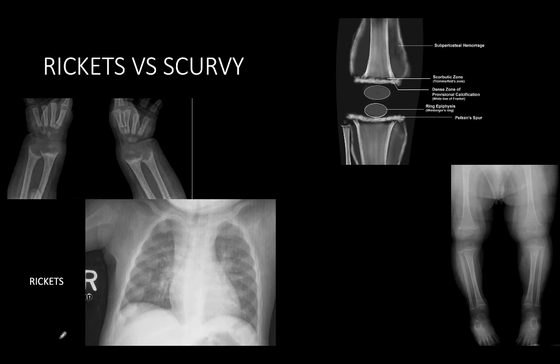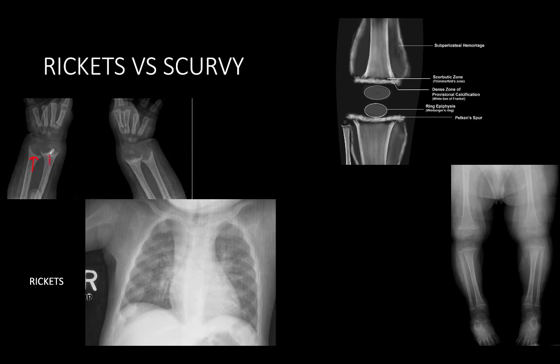And so patients with rickets end up with defective mineralization on the metaphyseal side of the growth plate. Think about the growth plate hypertrophying cartilage. That cartilage then becomes bone, and that bone needs to be ossified. So in the absence of adequate vitamin D, that ossification process is diminished and delayed, and they end up with a really indistinct metaphyseal margin.